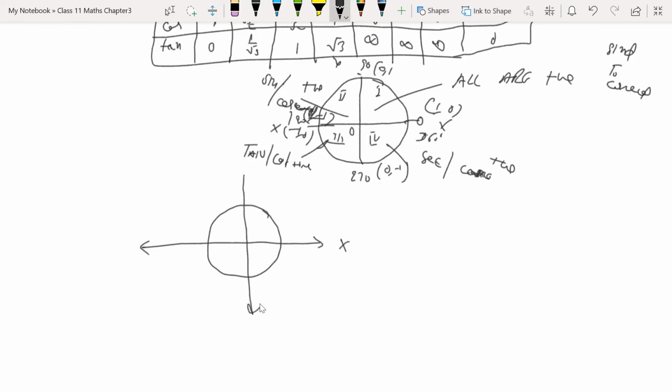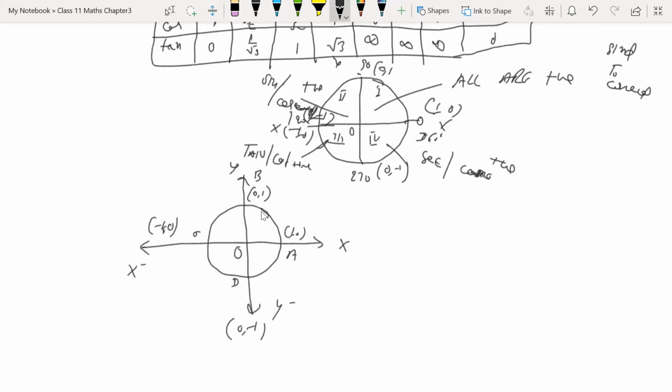This is the y-axis. Point A is (1, 0), B is (0, 1), C is (-1, 0), and D is (0, -1). Y negative, x negative. Okay. Now this is the origin.